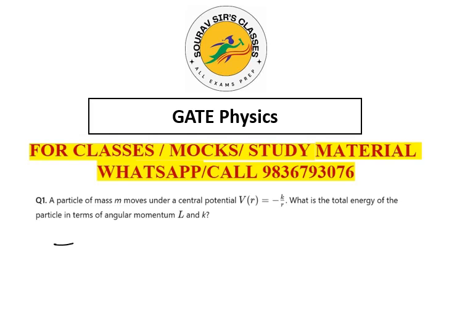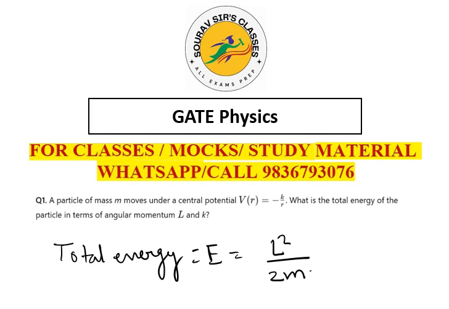Total energy E is equal to L square by 2m r square minus k by r, right?